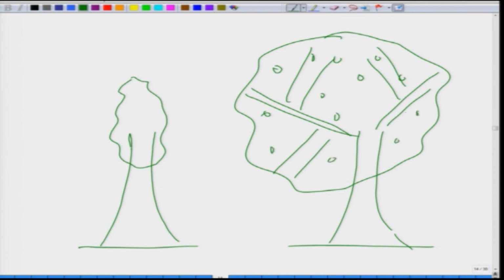So, what happens is that because this tree B is having, so this is A, this is B. So, because tree B is having a large crown size, a large number of branches, those branches are the locations where it will have the flowers and then it will have the fruits which will have the seeds. So, more number of branches would generally mean that it will be having more number of fruits.